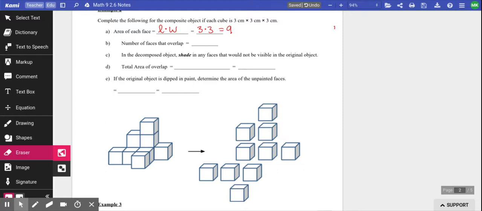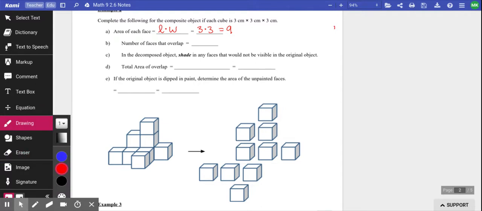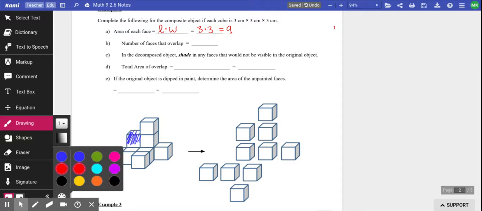The next thing we're going to do is figure out how many faces are overlapping. With that, some of them are easy, some are not so easy. We have to look back here at this shape that I'm coloring in blue. And we have to figure out if there's a shape underneath that. Same with this one in red.